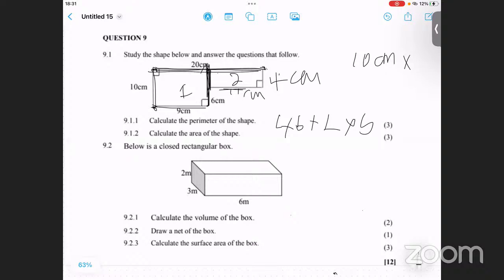So it's 10 and 9. Then it's going to be 11 centimeters multiplied by 4 centimeters, and then you're going to add the two together, and then we're going to have our final answer, which will be the area of the shape that you see right here.